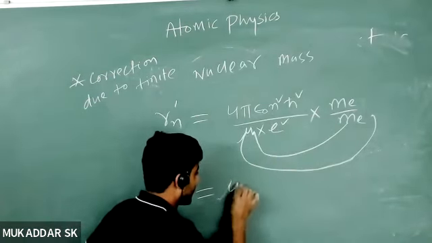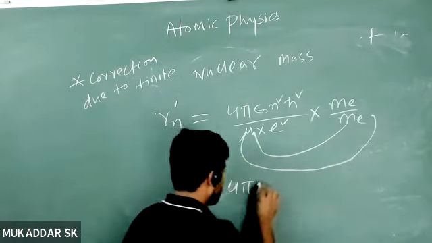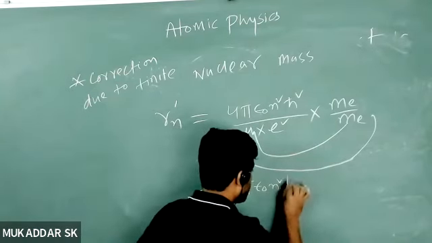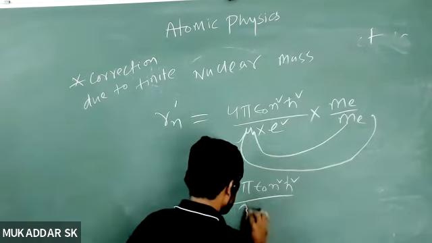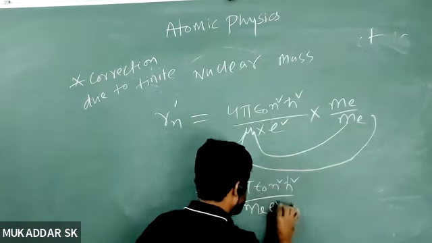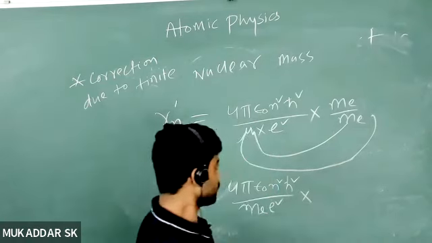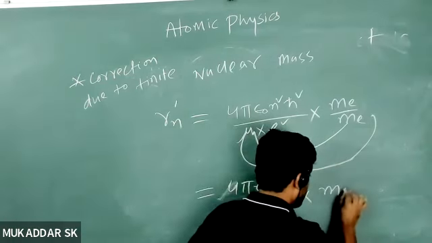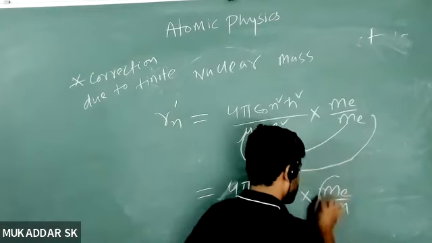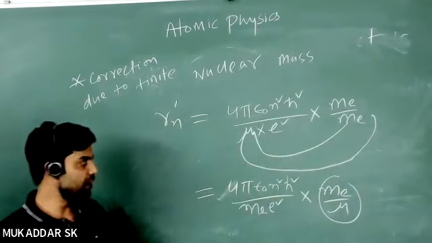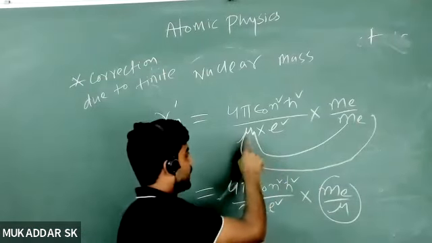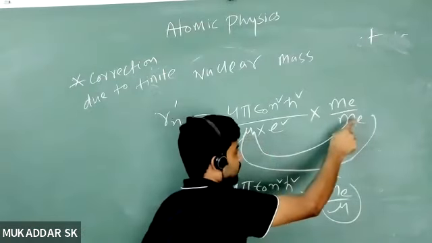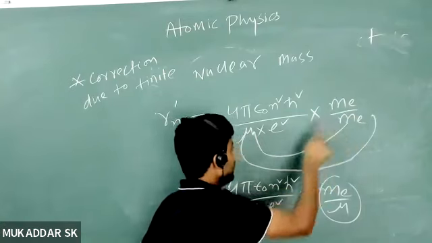You will definitely get 4 pi epsilon naught n square h cut square divided by me into e square, and also you will get me by mu. Just I replaced that position of me and mu. I keep this mu here and bring this me here.